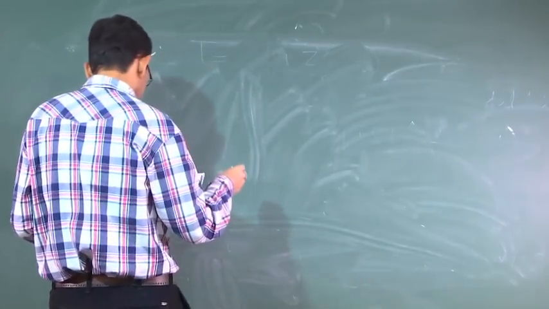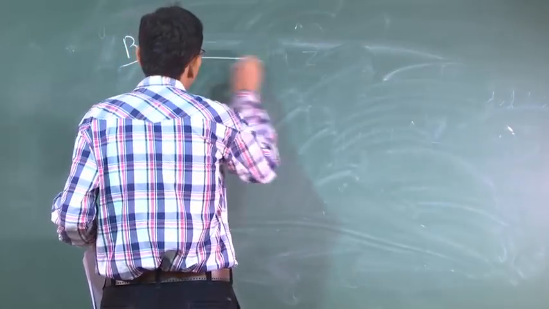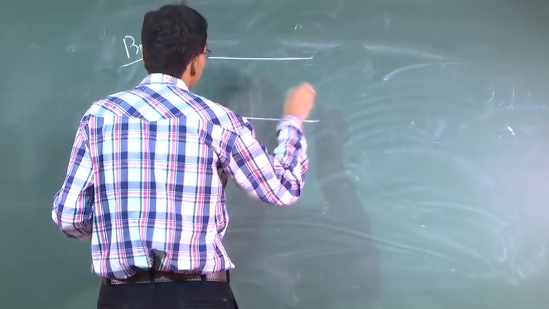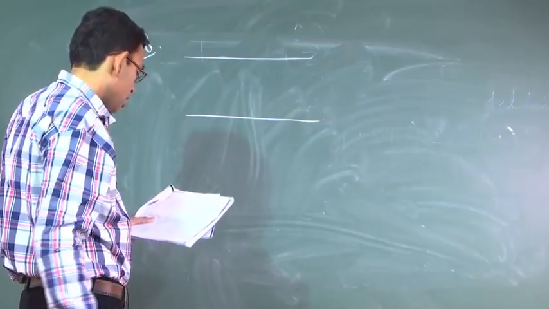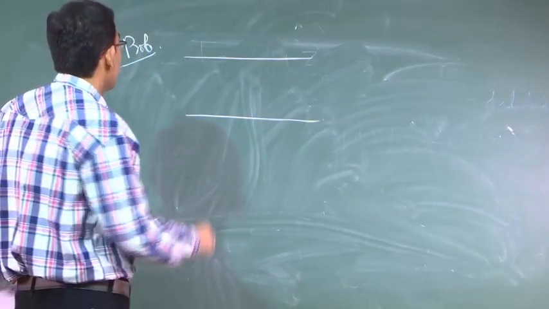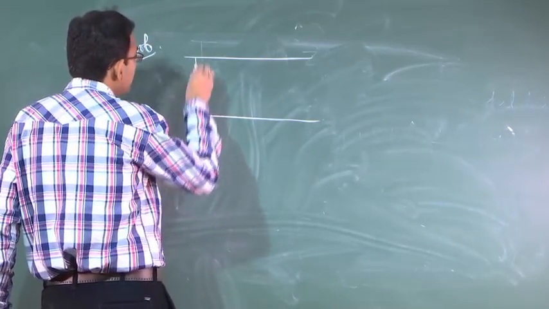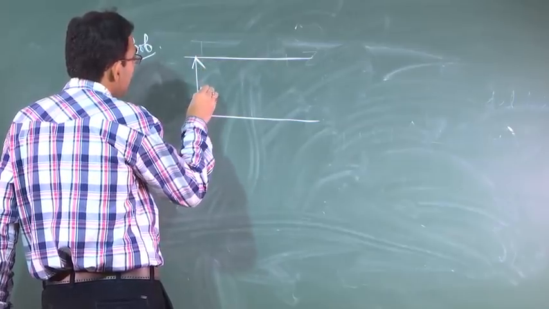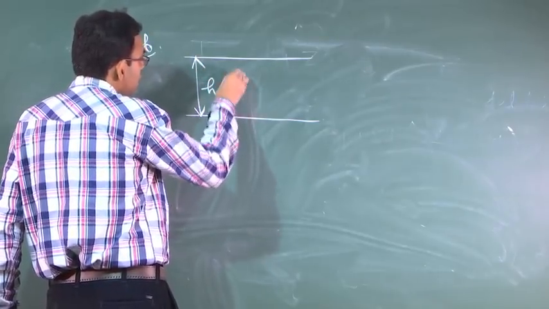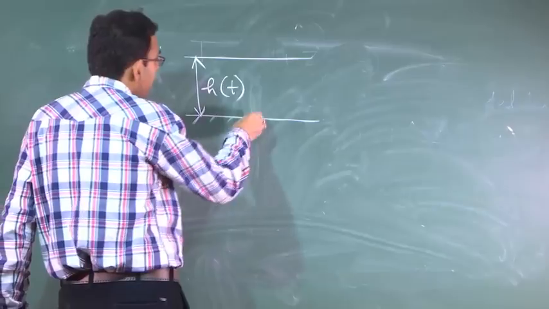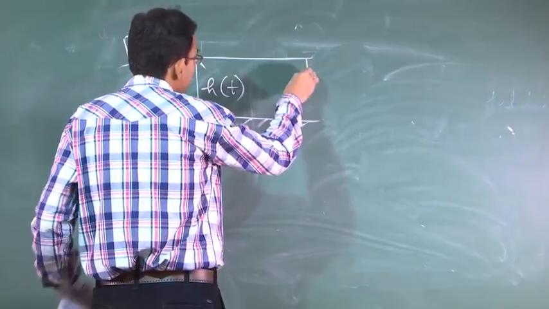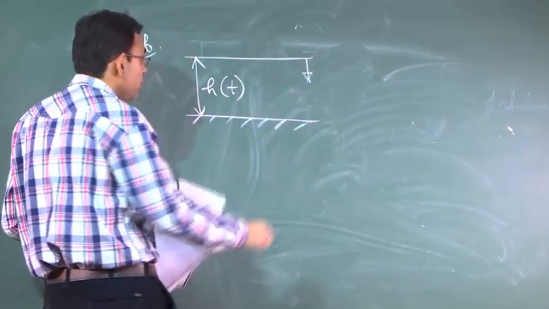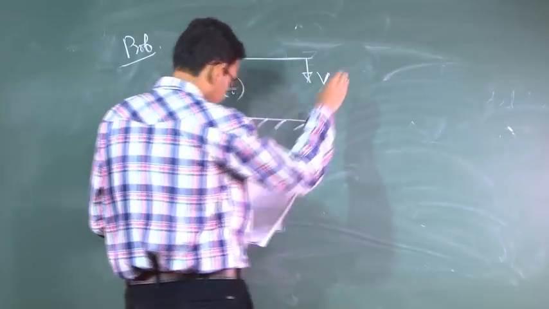You have two large parallel plates which are circular. The gap between these two plates is h, which is variable because this plate is fixed, but this plate is moving down with a uniform velocity v0.